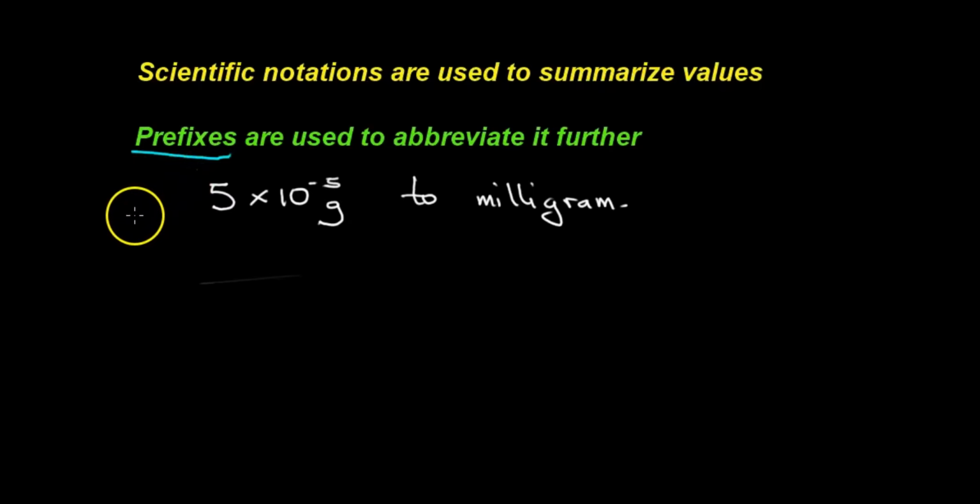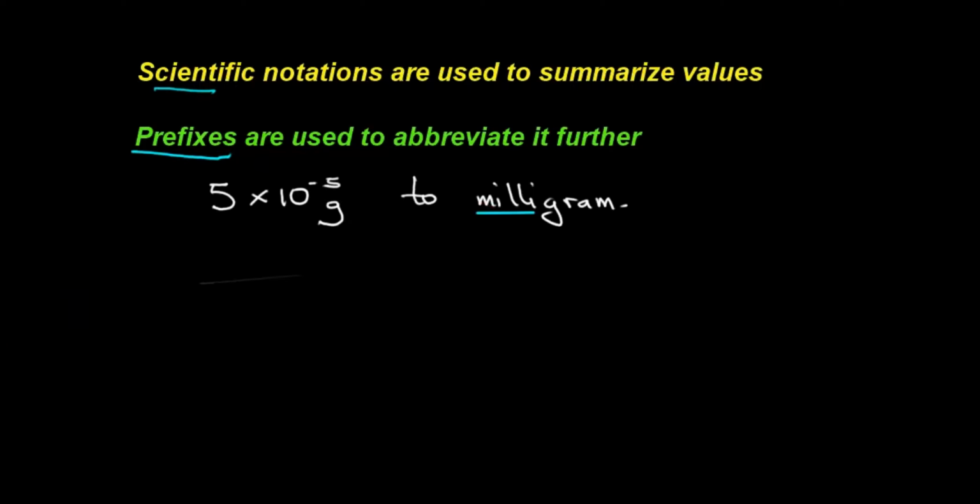So scientists decided to use something we call prefixes to summarize and abbreviate this value and make pronouncing it, writing it or communicating it much easier after the scientific notation. And that is what we are going to look at next. For instance, 5 times 10 raised to the power minus 5 can be converted to milligram.